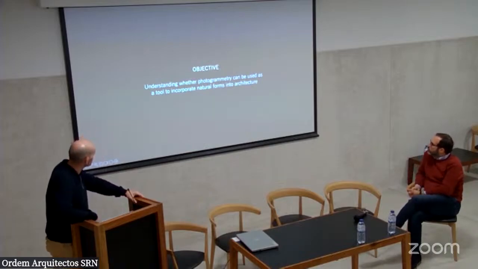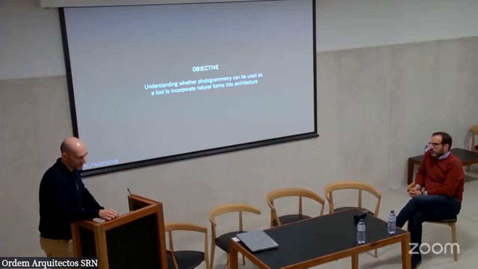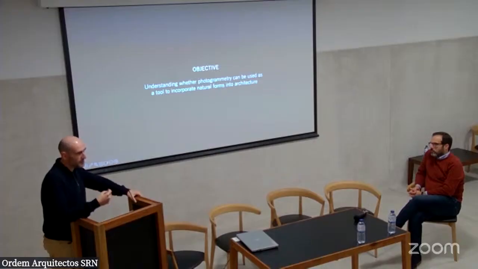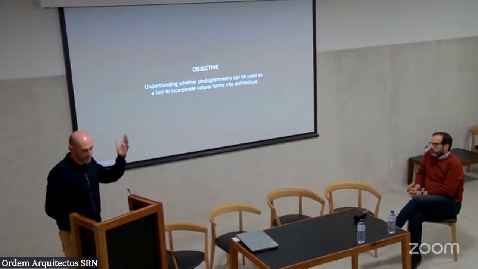So the objective is to understand if this technique, photogrammetry, which is the technique that allows us to get dimensions and ultimately a 3D point cloud from various photographs, can be used to incorporate these shapes into our designs.